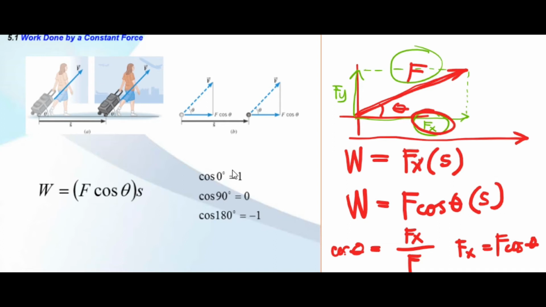But if the force is inclined, we need to use this equation. If the force is just parallel to the motion, we can just compute the work as W = Fs, the product of the force and the displacement.